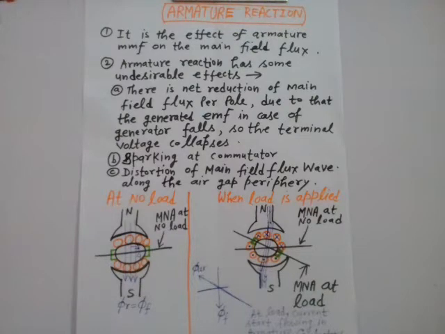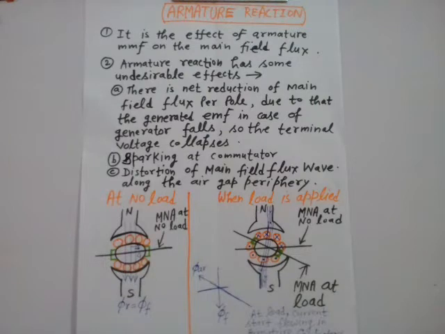In the earlier lecture, I have already discussed the process of commutation in DC machines. There I discussed that the reversal of current in the armature coil by means of brushes and commutator bars is called commutation, right?